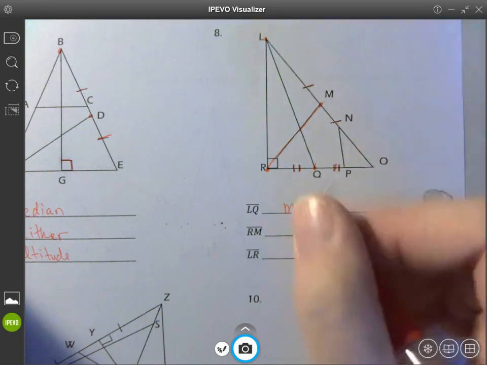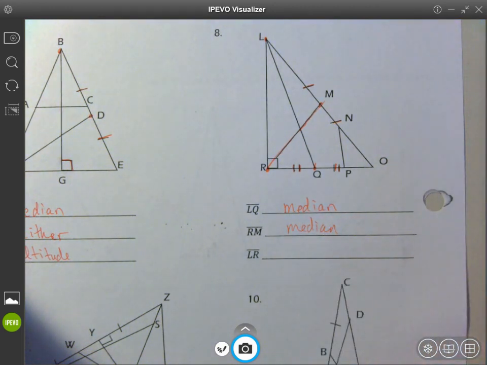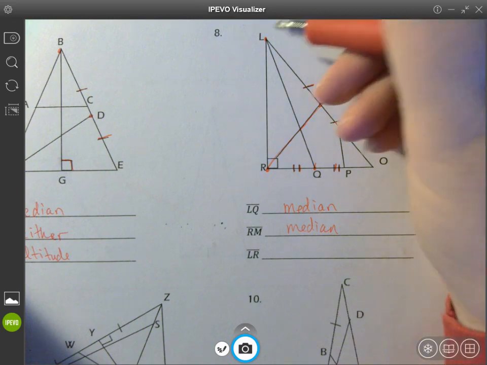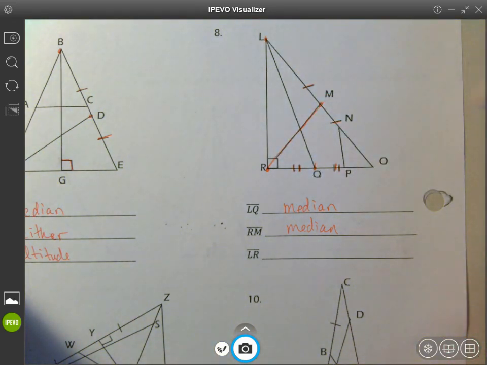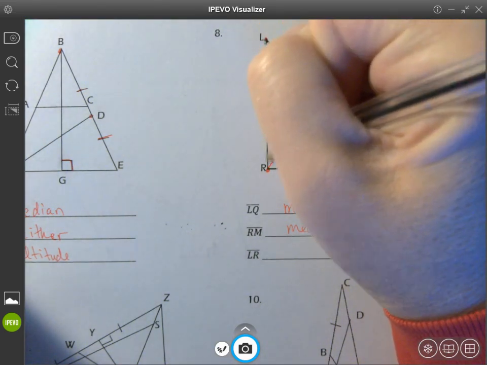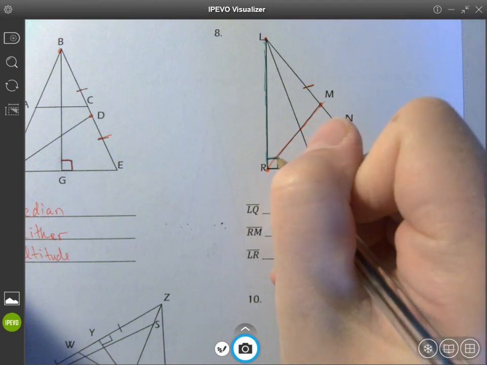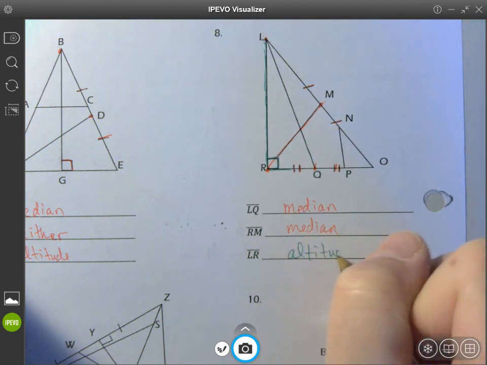So that is also a median line. And then LR, gotta find it. LR comes over here, and some of us want to say it's nothing. If you take a minute and look at LR, it comes through here and meets at a 90-degree angle. So this would be considered an altitude.